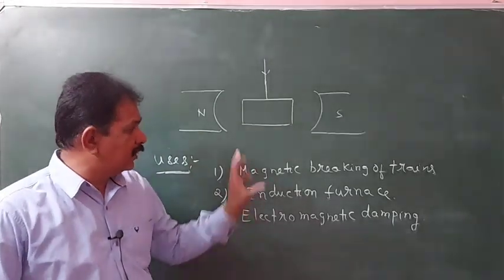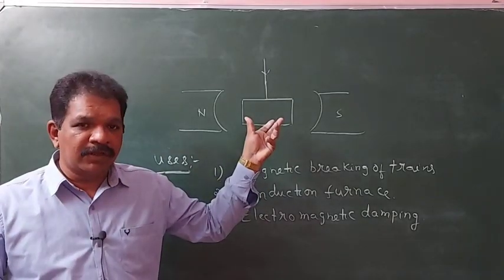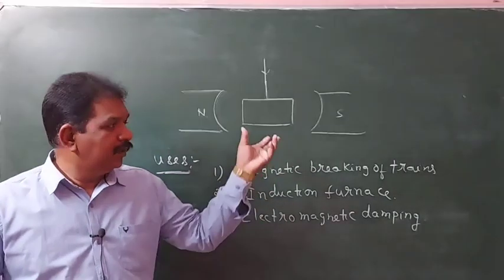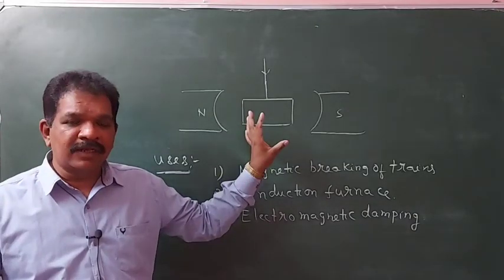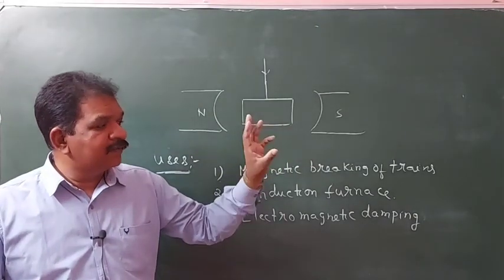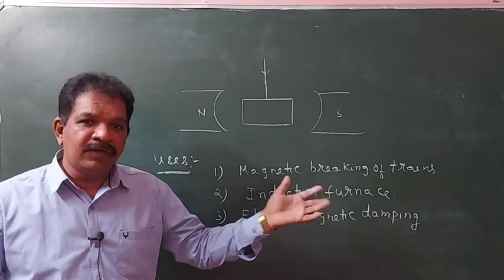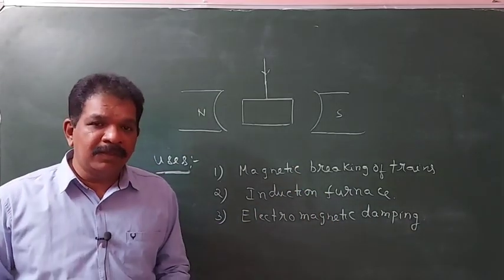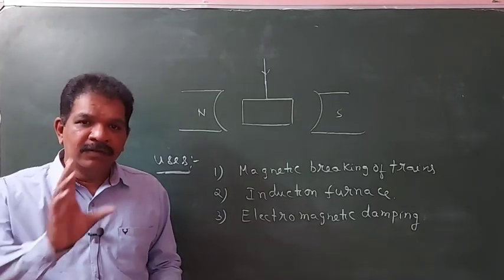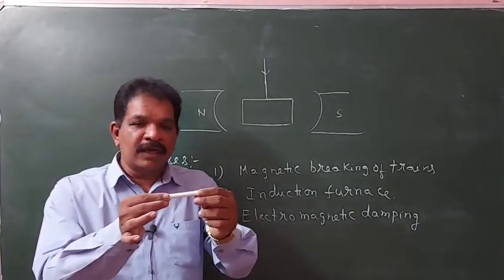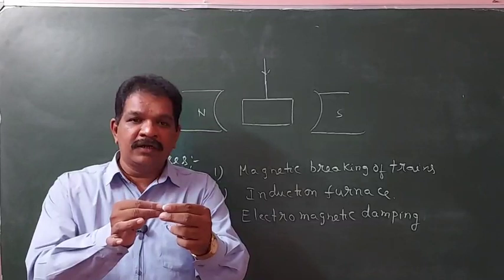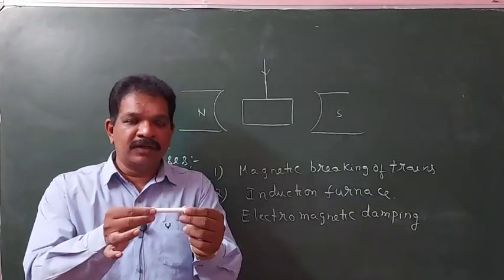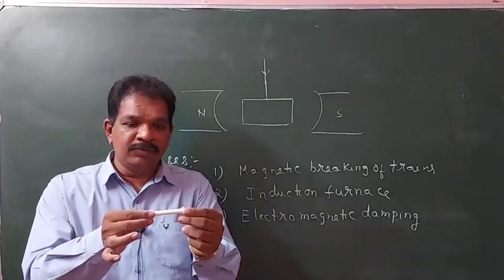So once this coil is rotated, if we remove the magnetic field, it won't come suddenly to rest. It will oscillate for some time and then it will come to rest. If electromagnetic damping is present, current enters, it turns like this, and if the current stops, it will come to rest suddenly at its mean position.